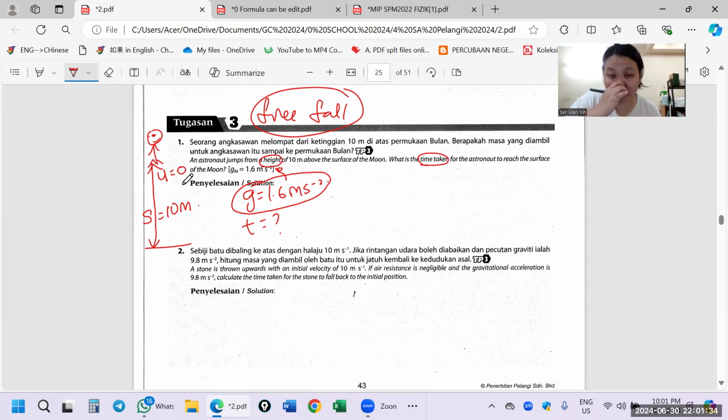So what do we have here? We have U, S, T, G, or we rearrange it as A, S, T, U, V. For free fall, S normally is height and A is g.